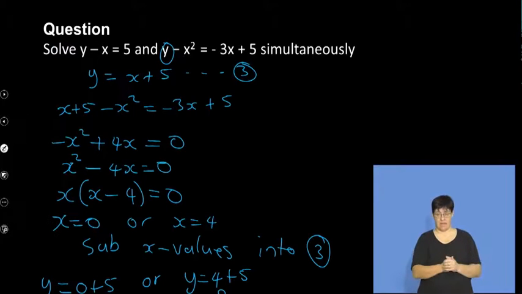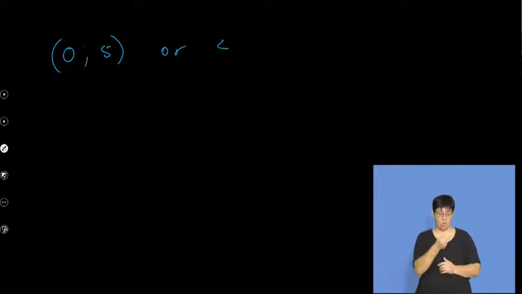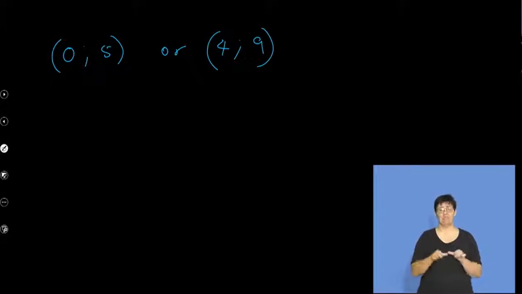So my last thing that I will do is, remember my two pairs are (0, 5) and (4, 9). So remember to always just try by all means to maintain writing them as an ordered pair.